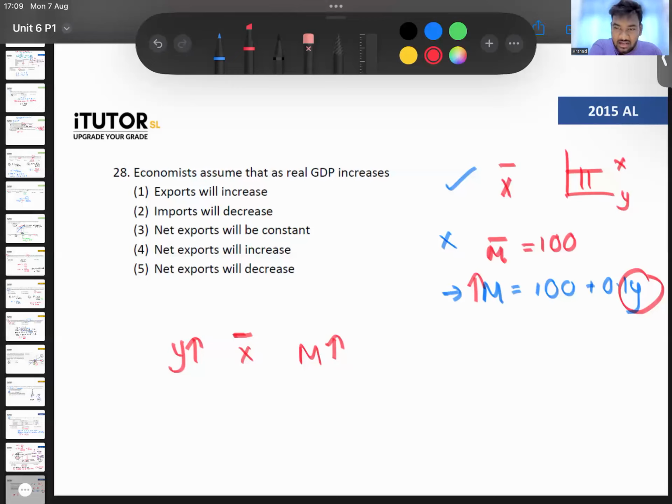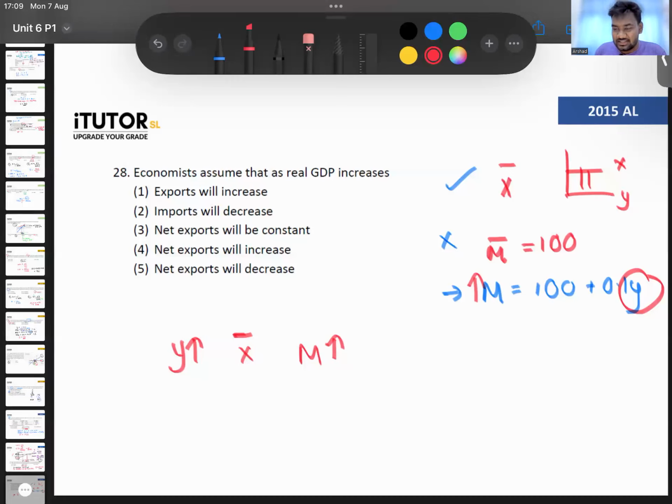You're going to buy a car, laptops, phones. Where are those coming from? Those are all imports, right? So we'll import more and more. When national income increases, imports increase.